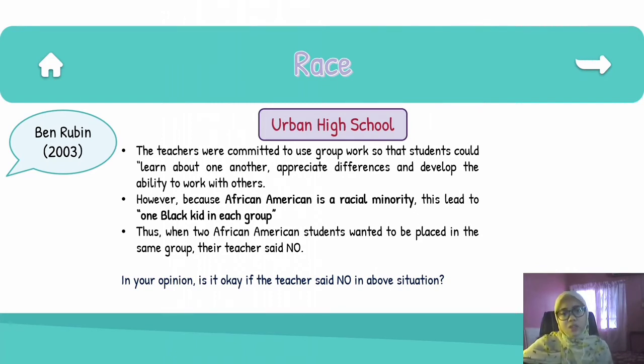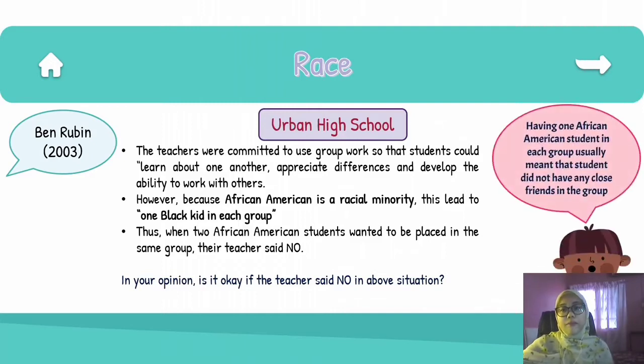In your opinion, is it okay if the teacher said no in the above situation? No, right? Because the teacher should be more sensitive about the racial issue among their students before dividing them into groups. The response from the teacher in the situation is obviously not good because having one African American student in each group usually means that the student did not have any close friend in the group.